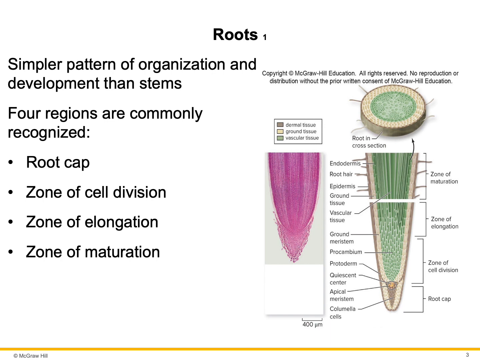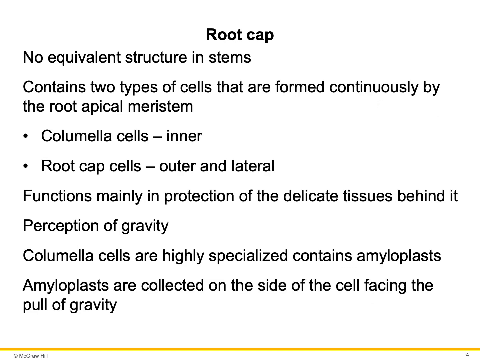So one thing to notice is that for the last three zones, the zone of cell division, elongation, and maturation, the boundaries are not clearly defined. When you look at the cap of the root, it actually contains the root apical meristem.